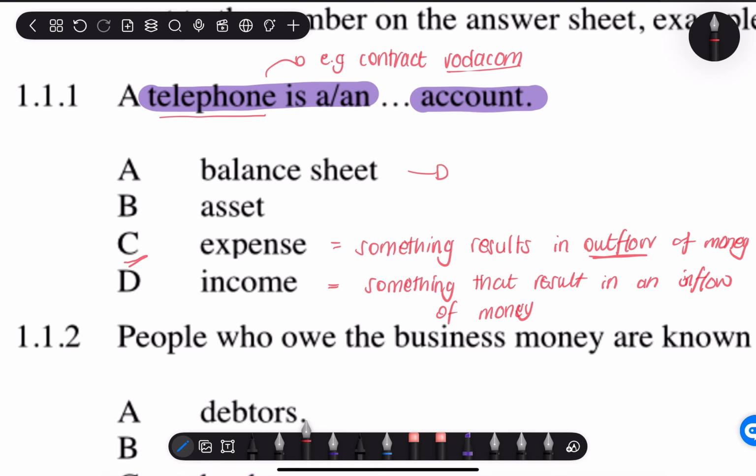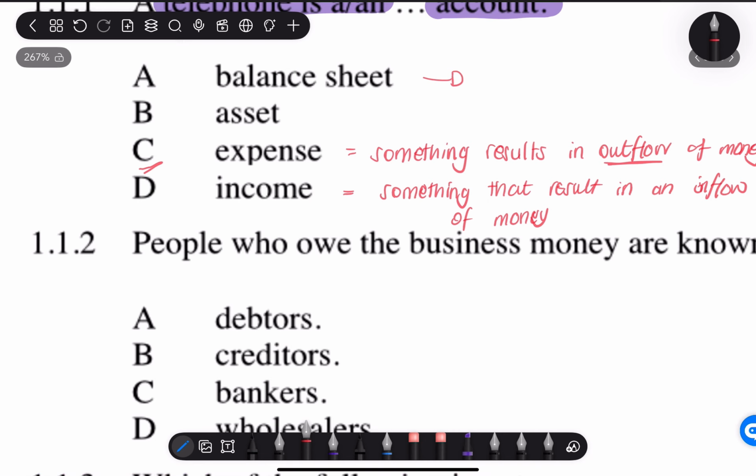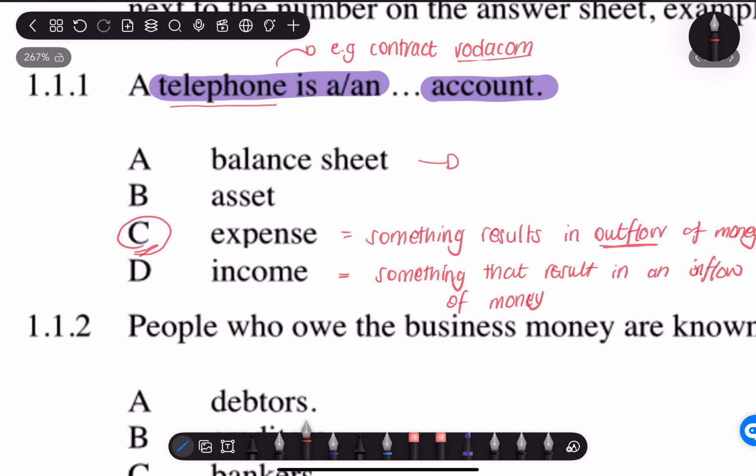No. Vodacom isn't just saying, everybody who has a contract with me, let me just give you 500 Rand. No. Okay, so the correct answer here is C. A telephone account is an expense because it results in an outflow of money. Money leaves your account every month.